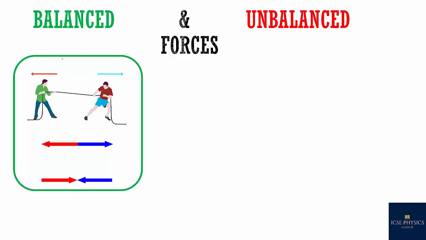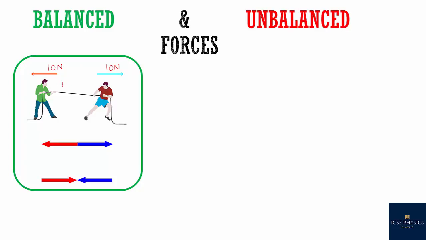What will be the result? Let's see. Where the net force acting is 0, it is a balanced force. Suppose we have applied a force of 10 Newton on this side and the force on the other side is also 10 Newton. Then what will be the net force?